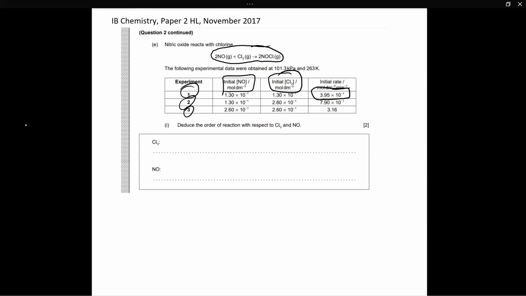This rate basically measures how much of the final product, in which case it is NOCl, was produced per minute. We're not measuring how much was produced, but how fast it was produced, how much was produced in a minute. We're measuring the speed, the rate of production.